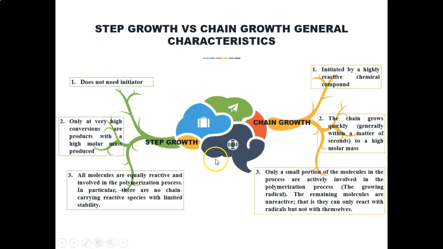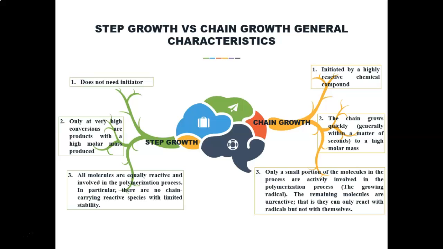Now we look at the details of the step growth and chain growth general characteristics. For step growth, we do not need an initiator, while chain growth polymerization requires an initiator, which is initiated by a highly reactive chemical compound.